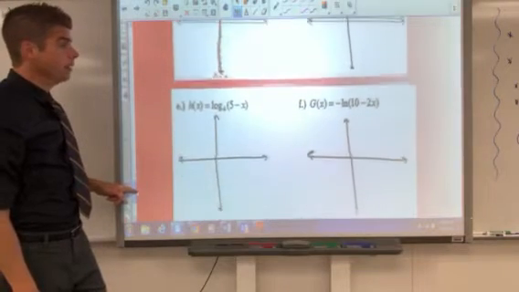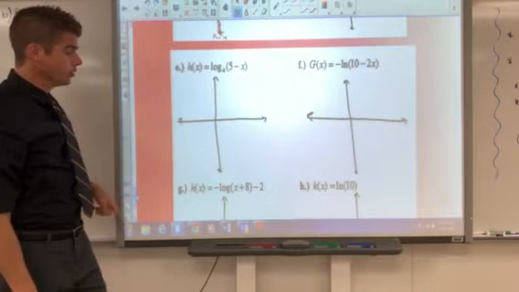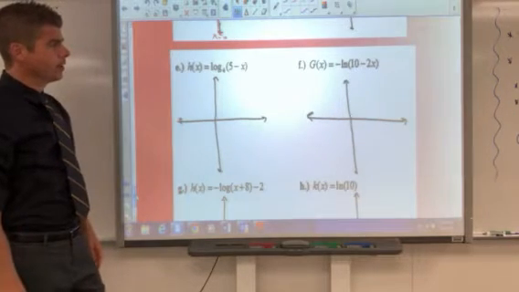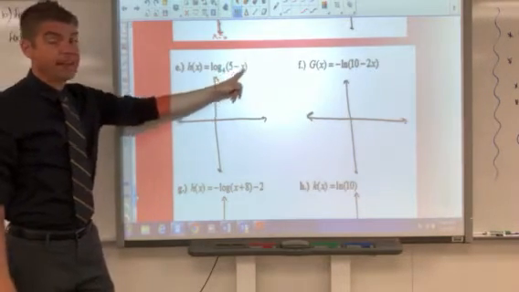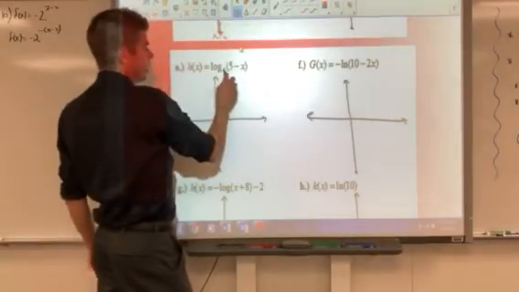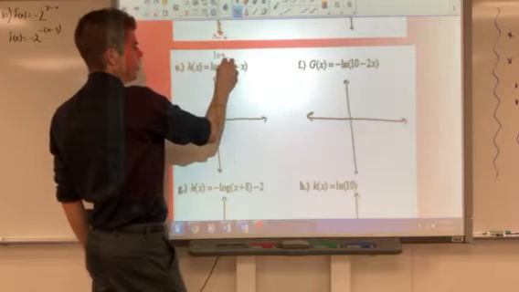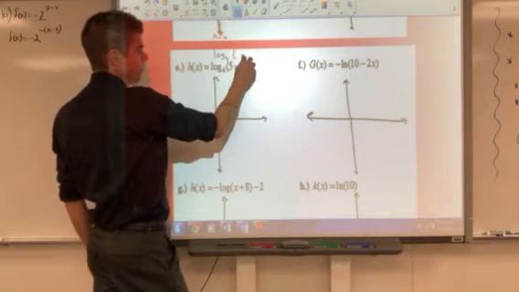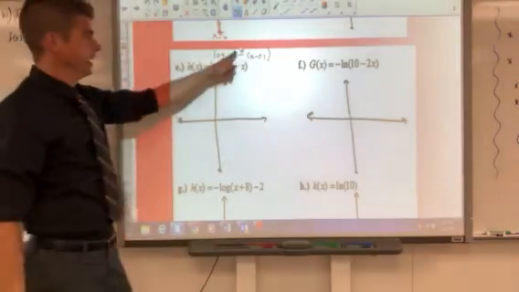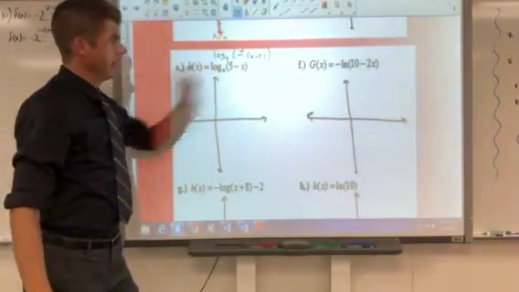Okay. Let's see. I think I might want to go to maybe example E next, because I want to remind us that we should probably be factoring things out. Right? This is really log base 4 of the opposite of x minus 5. Right? You could take out a negative, and now it's x minus 5.